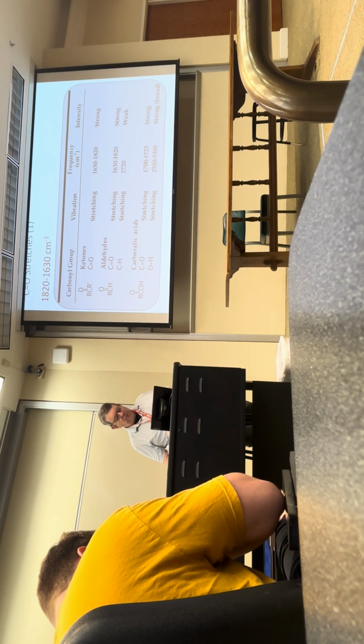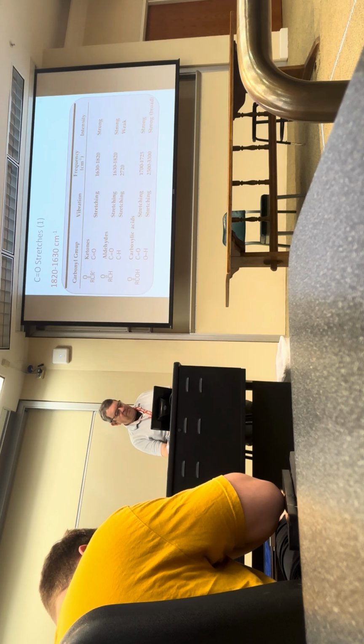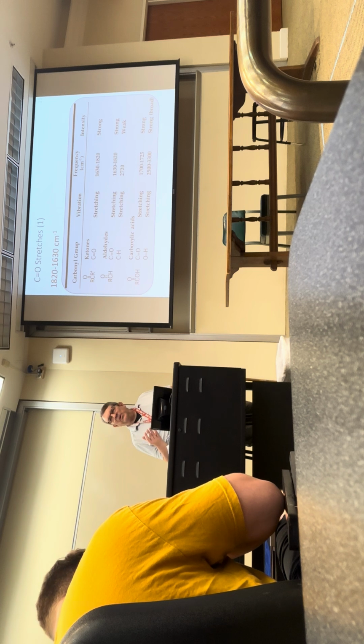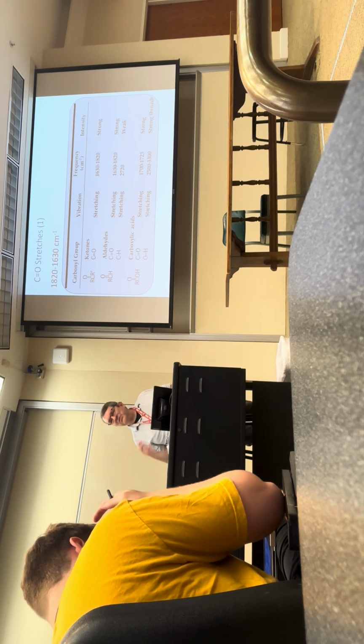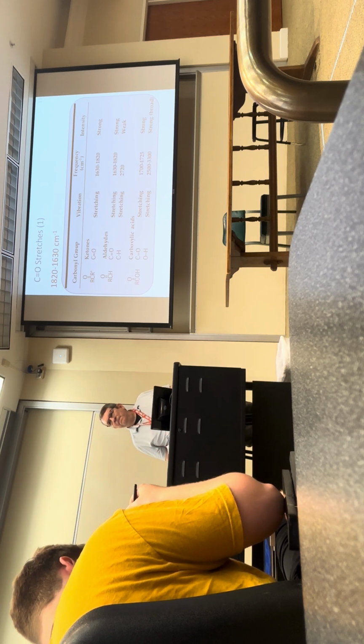Different carbonyl groups will give you different frequencies for the CO stretch. You don't have to really dig into these differences. You just basically need to know this is around 1700 and have an idea of what the window is. It's 1700 plus or minus maybe 100.